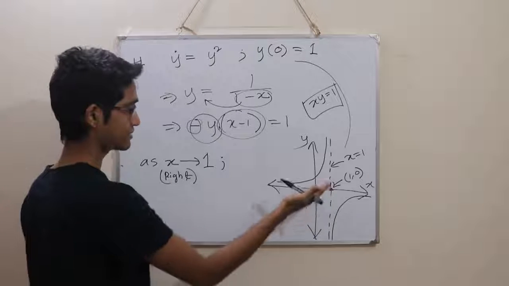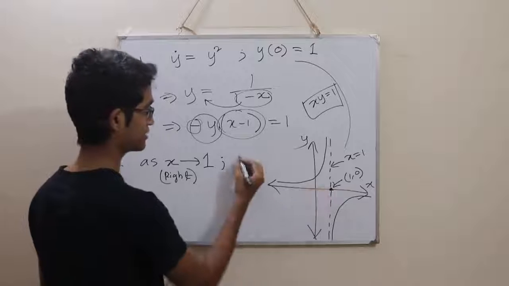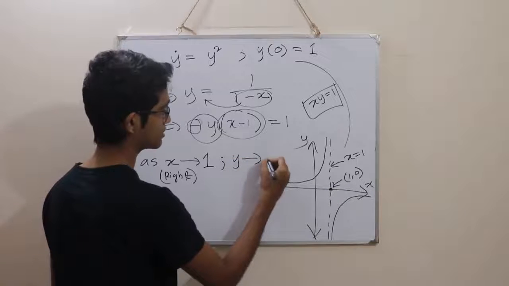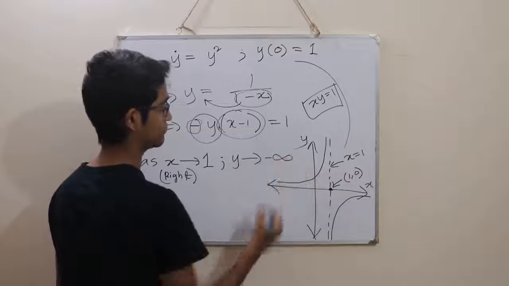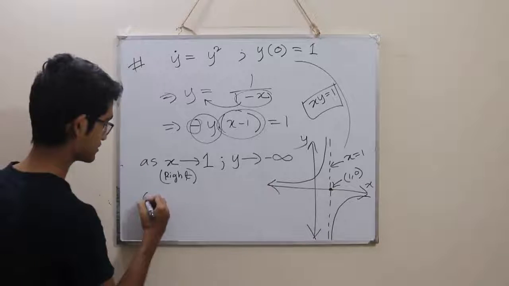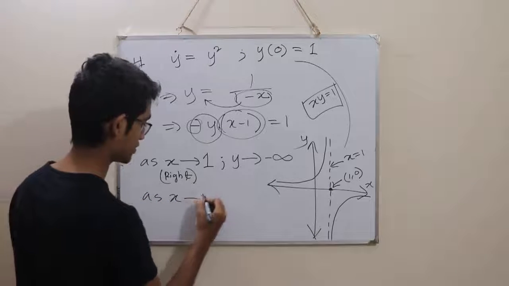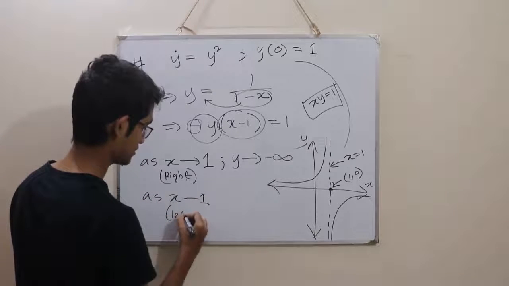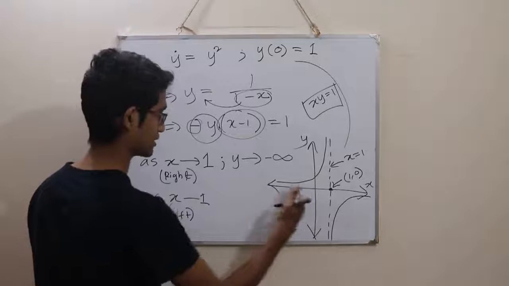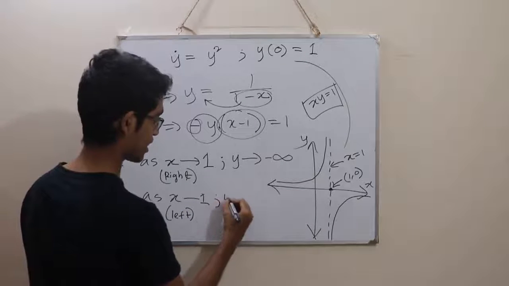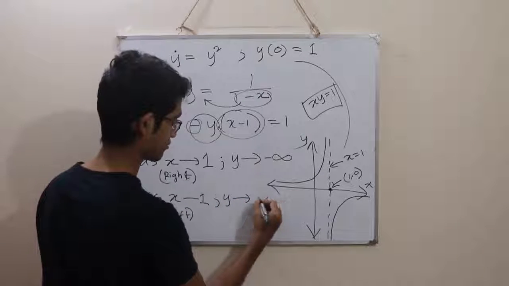As x is approaching 1 from the right side, y is tending to negative infinity. As x approaches 1 from the left side, y approaches positive infinity.